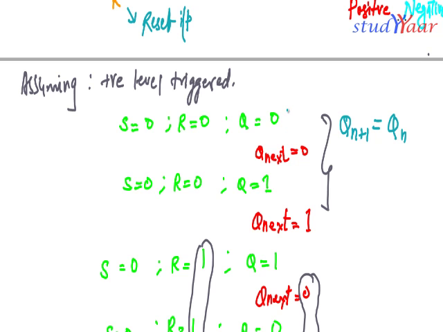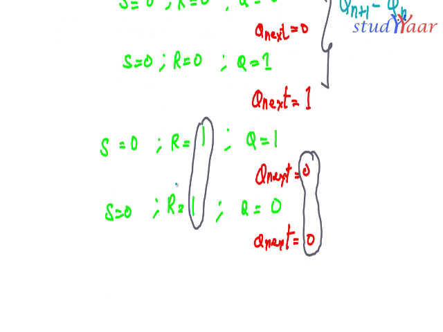Okay, this is your Qn, this is your Qn plus 1. Okay, your next Q and your previous Q. Here I can say whatever be the Q value, your Qn plus 1 is equal to 0. Okay, now let's take this out.